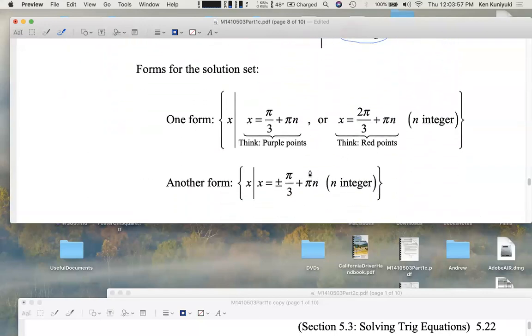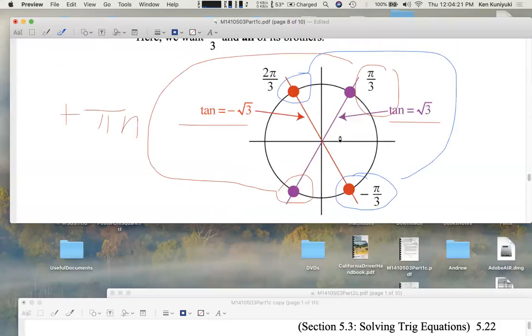So here is the most efficient form for the solution set. The set of all x values in the reals such that x is of the form plus or minus pi over 3 plus pi n, where n is an integer, Z. I may have put R before, Z. And with the plus pi n, we're picking up all the brothers.